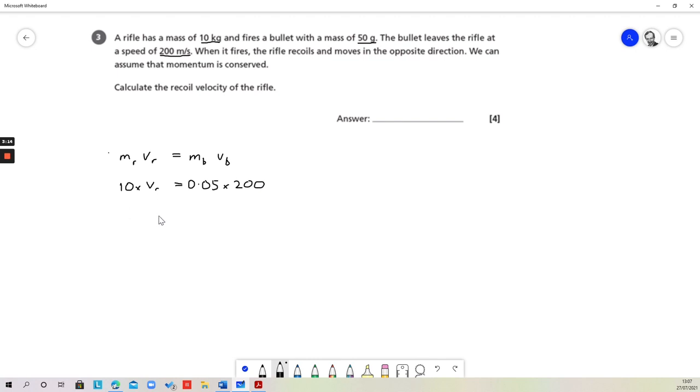What we're now going to do is to do some calculations here to work out what the value of Vr is. So it's going to be 0.05 times 200. So let's put that in there, but we're going to bring the 10 over from the other side.